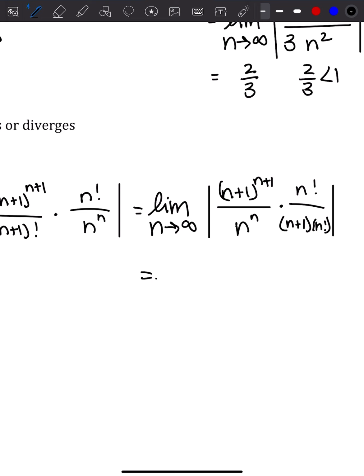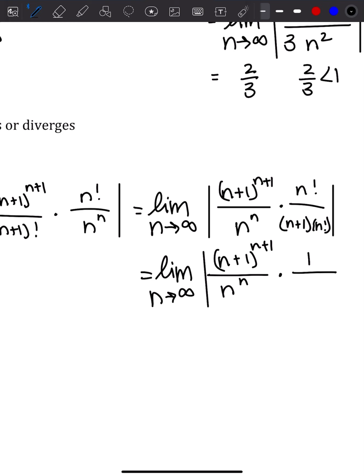We have an n factorial on top and bottom, so we're going to go ahead and simplify. If I do that, we're going to have an n plus 1.